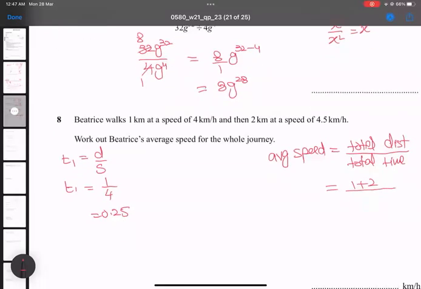Second time I can get from here, t2, with distance 1, speed 1, and distance 2 and speed 2. And time 2 I get from here. Second distance is 2 and second speed is 4.5. So 2 kilometers distance divided by 4.5, and T2 we get from here.